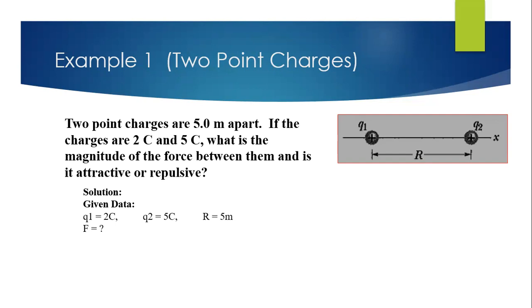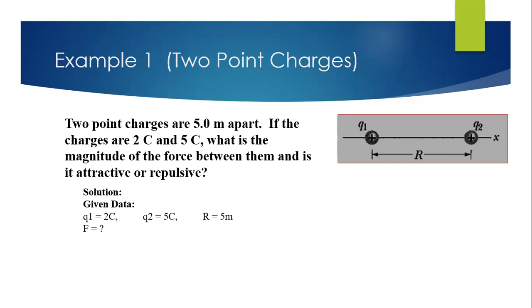Okay, to solve this problem, we first arrange the data. We assume that Q1 is 2 Coulomb, Q2 is 5 Coulomb, and the radial distance capital R is 5 meters. So we have to find the force.